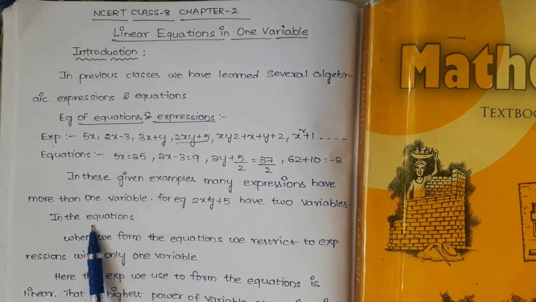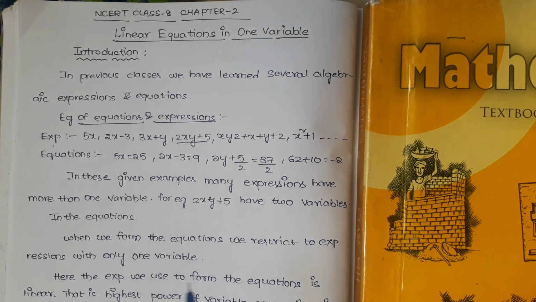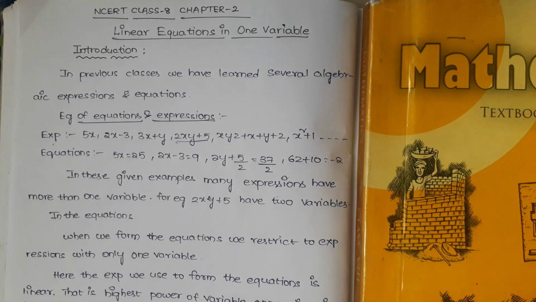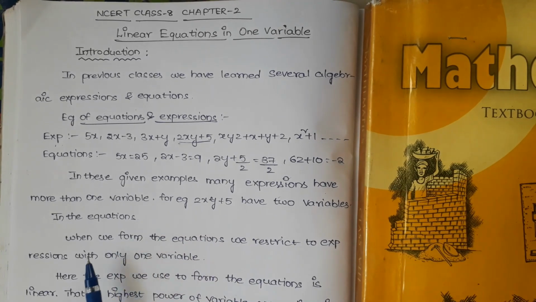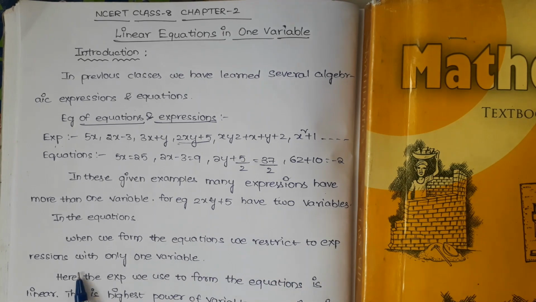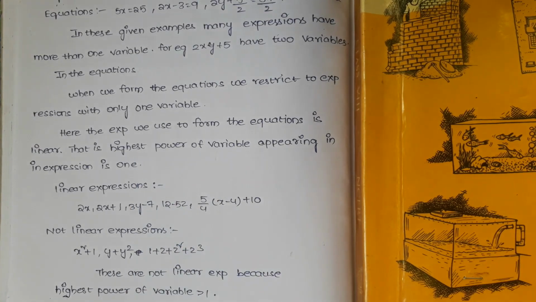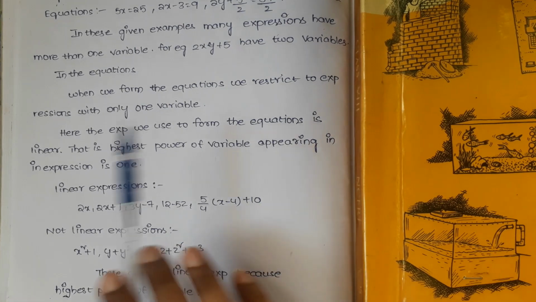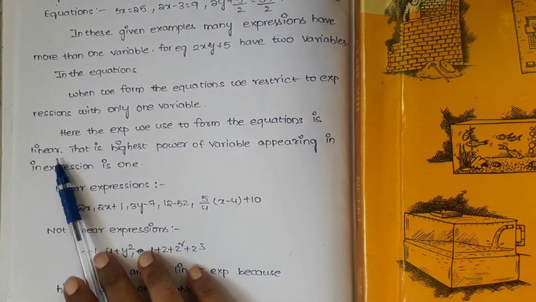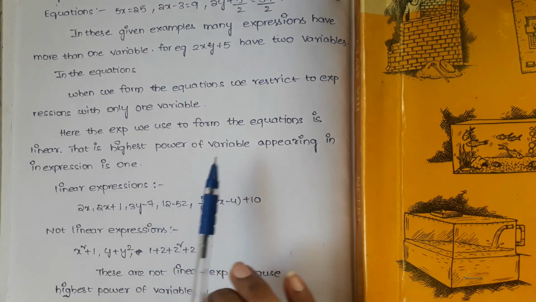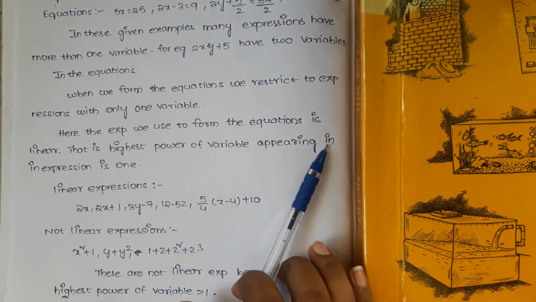In order to form equations, we restrict to expressions with only one variable. The expressions that we use to form the equations are linear. Linear means that the highest power of the variable appearing in the expression is 1.